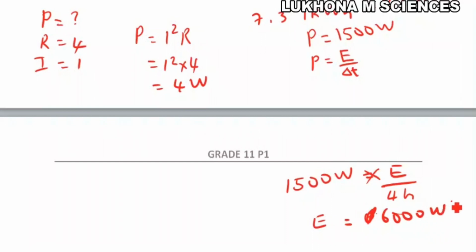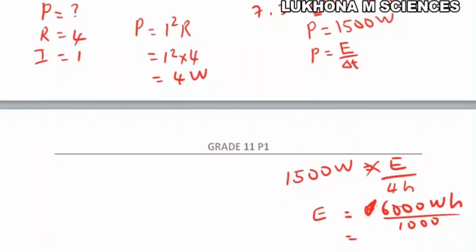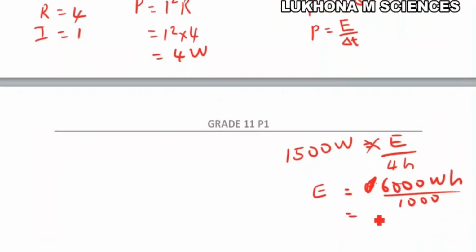But remember the kilo, which means we can just divide by 1000. Then we get the energy, which is 6 kilowatt hours. Now the price for 6 will be equal to 6 times 2 rand 5 cents.